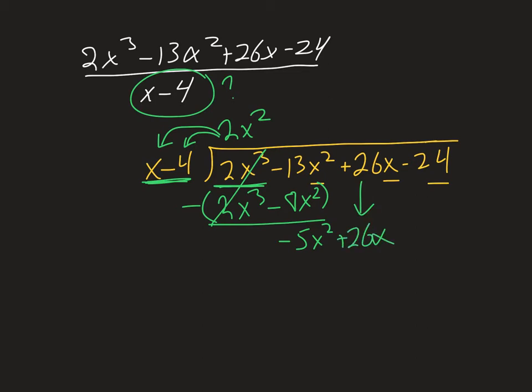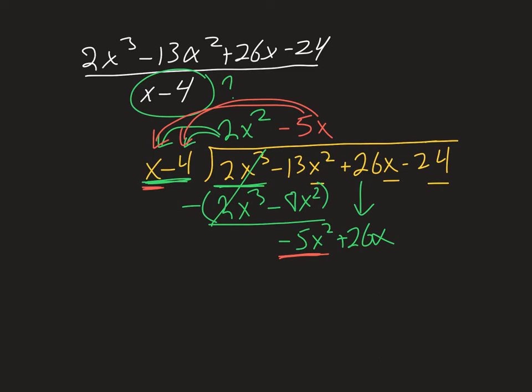Now I'm going to look again at the x and this leading term that I have down here. What do I have to multiply x by to make negative 5x squared? Well, negative 5x. And then we multiply it through again, so we're going to take the negative 5x times the x, and the negative 5x times the negative 4.